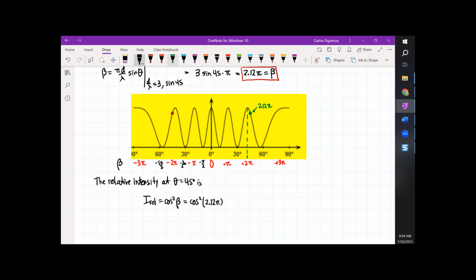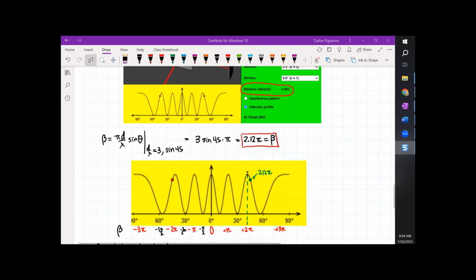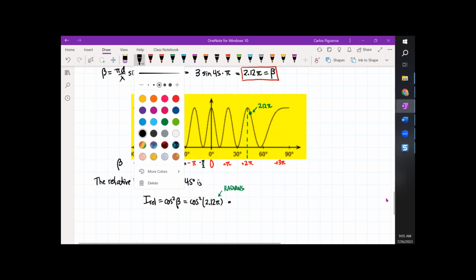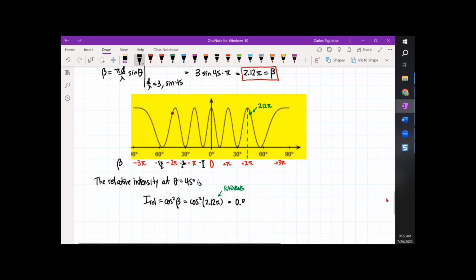Remember, this has to be done in radians in your calculator. So if I punch in that value, the value you're going to get here is 0.862 for the relative intensity at 45 degrees.